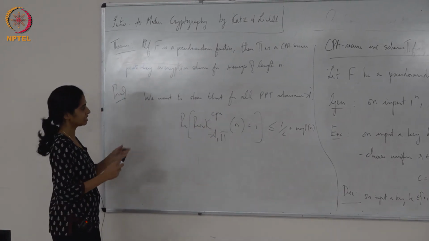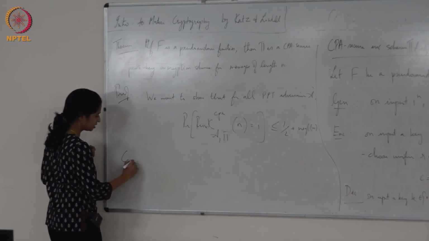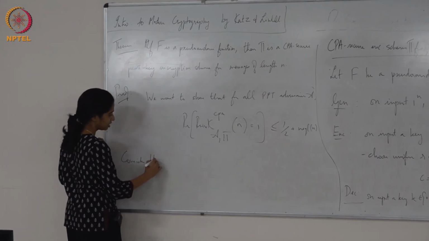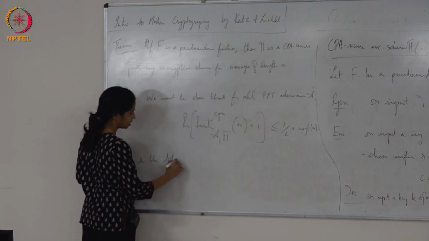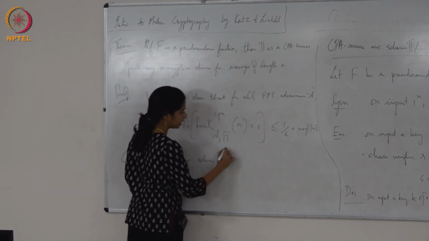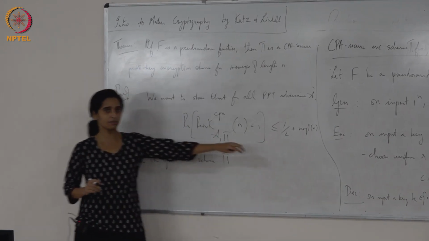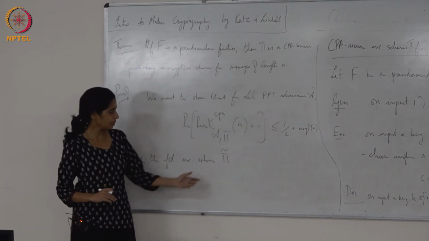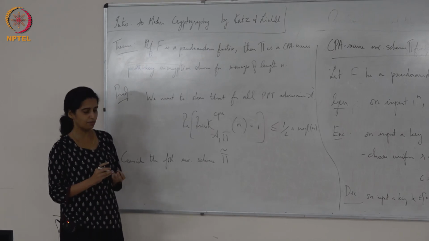So towards the first step, consider the following encryption scheme pi tilde. This is the encryption scheme pi that we have been talking about, and I am introducing a new encryption scheme pi tilde.